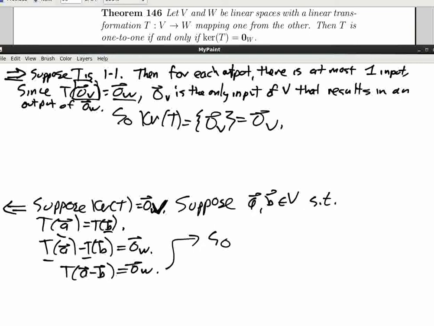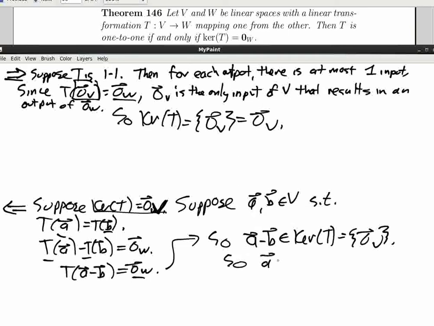So when I plug a minus b in, I get the 0 element of W. That means by definition that a minus b belongs to the kernel of T. But I'm assuming that the kernel is equal to only the 0 vector of V. So the only option is that a minus b has to equal the 0 vector of V. So a has to be equal to b by adding.